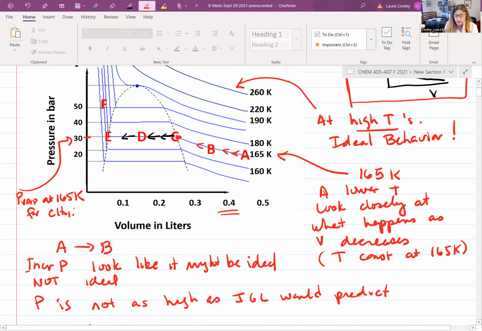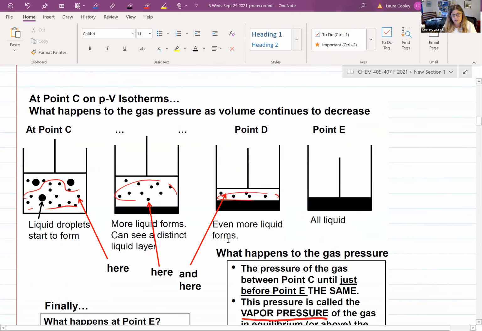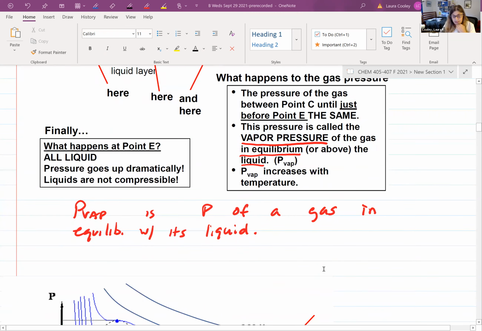So 165 Kelvin is 273 minus... so you add 273 to that... Oh, no, sorry, I did that wrong. It's minus 108 degrees C. So all this action is happening at a pretty cold temperature for methane.